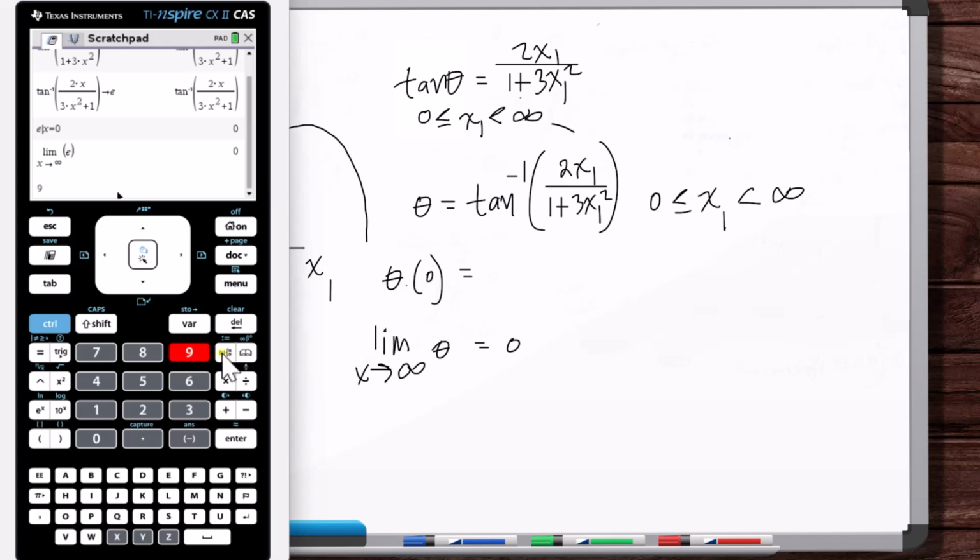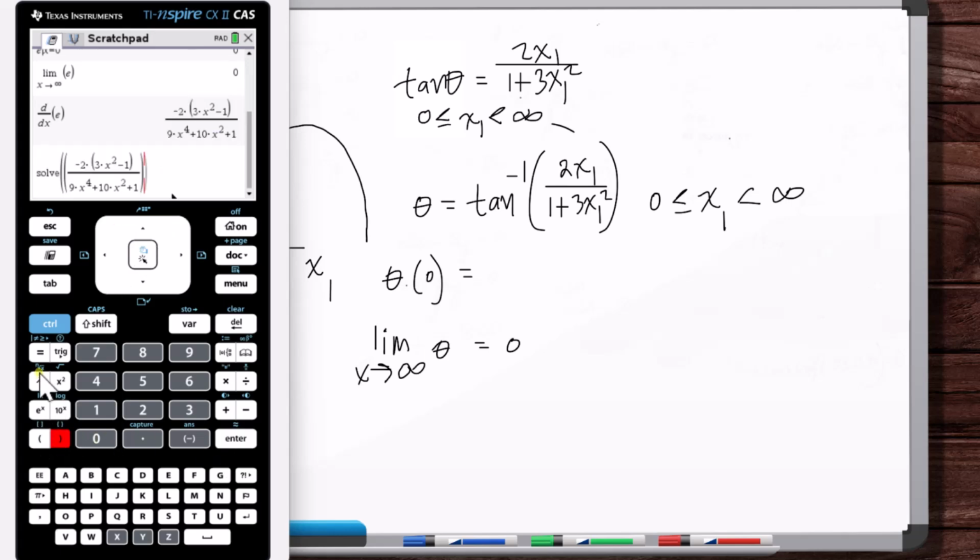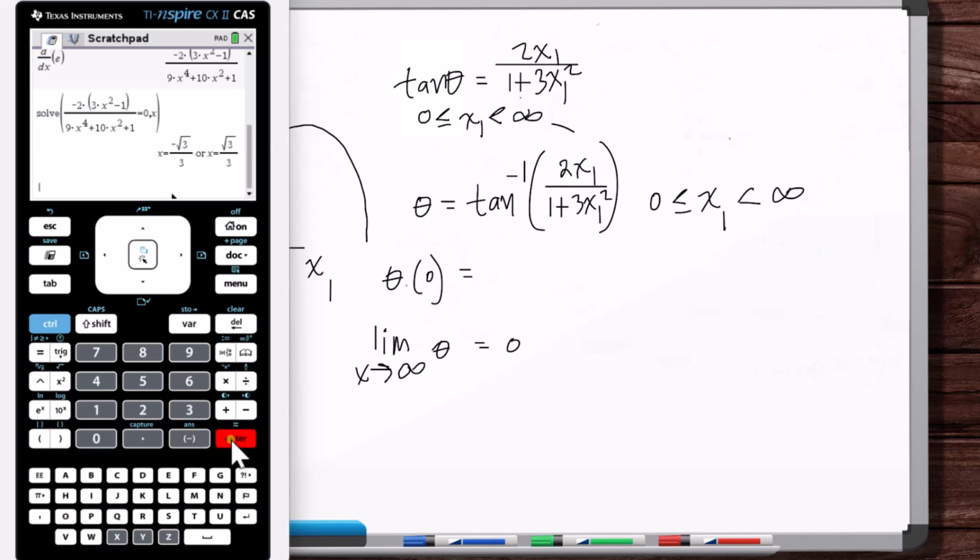So take the derivative, and solve for when it's equal to 0. Okay, so x is equal to minus 3 root 3 or 3 root 3.